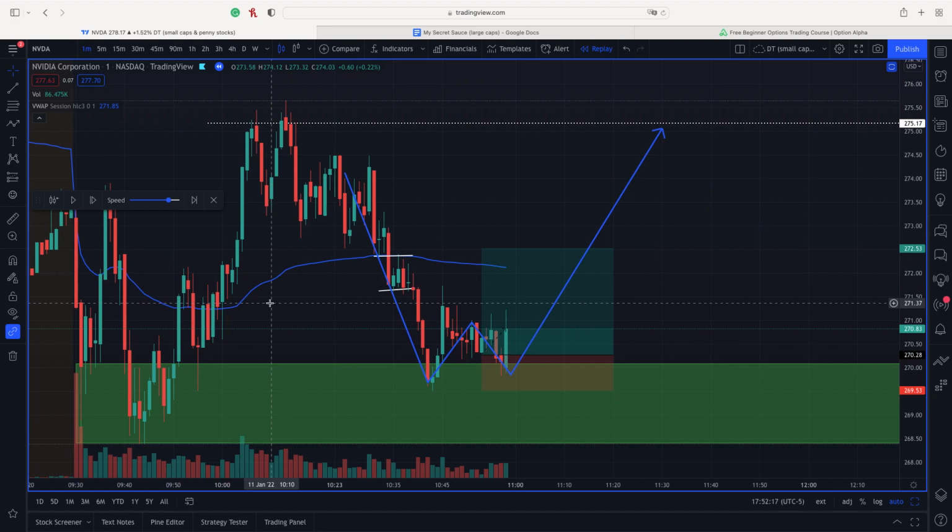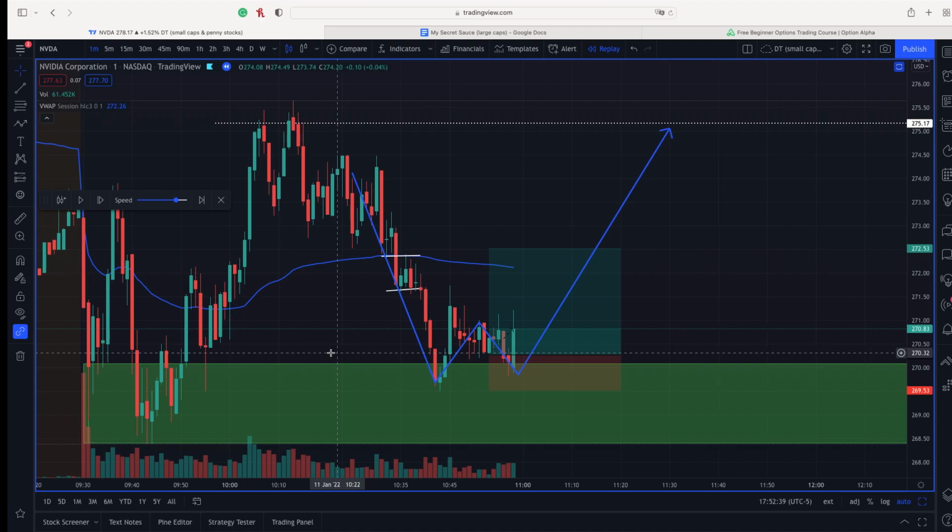So now, as I'm about to pick this contract here, it's not as simple as stock shares, where the stock is at 270.30 and you can just click buy market and boom, you're in. All I have to do is just click sell. For trading options, there are a few more steps, but it might seem complicated now, and it's honestly really easy to pick the options.